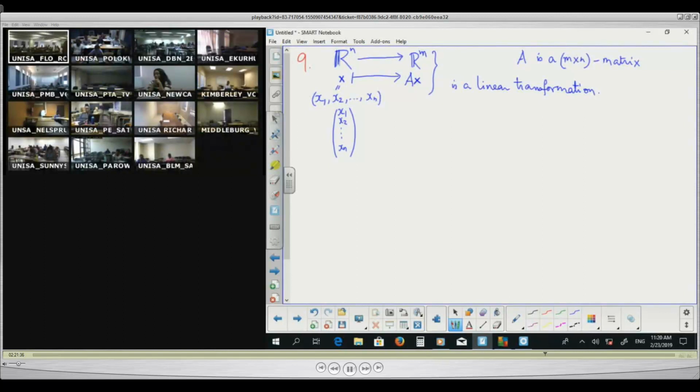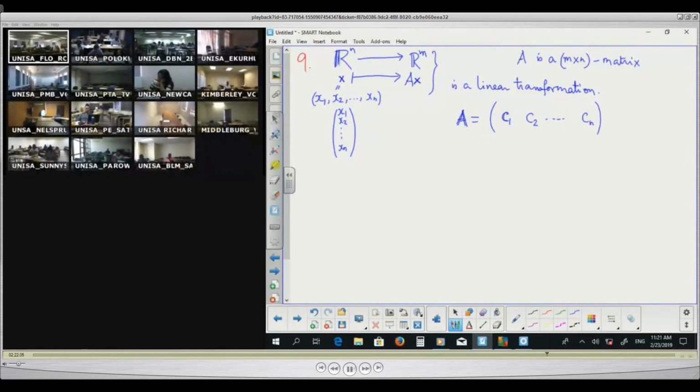So now your question is, suppose you have A, and I'm writing the columns. So this has n columns. These are my columns.